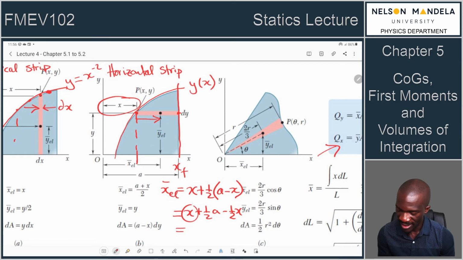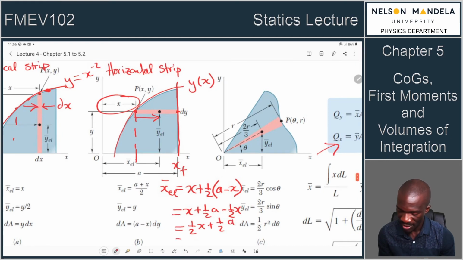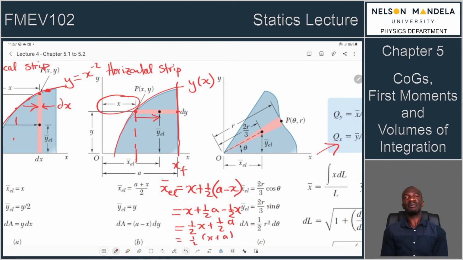And obviously your x minus half of an x will give you a positive half of an x plus half of an a. So this would obviously become half of x plus a. For this reason, we have this x element being defined simply by your position of this area plus the x value divided by 2. That's your centroidal x position.